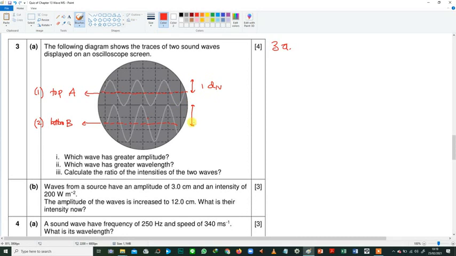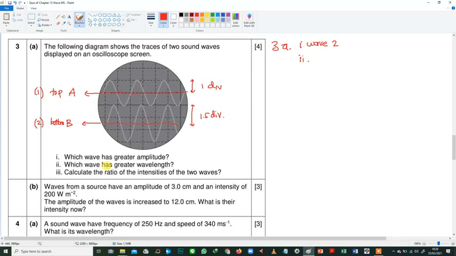For the second wave, it has 1.5 divisions. So which one has the greater amplitude? Of course, the answer is wave 2, because wave 2 is 1.5. That is for I.